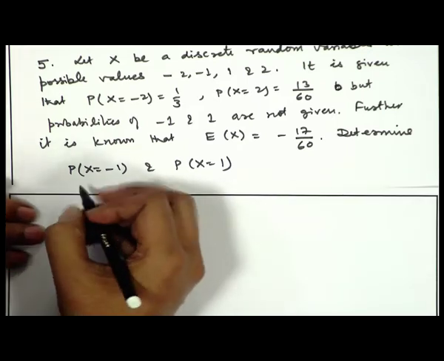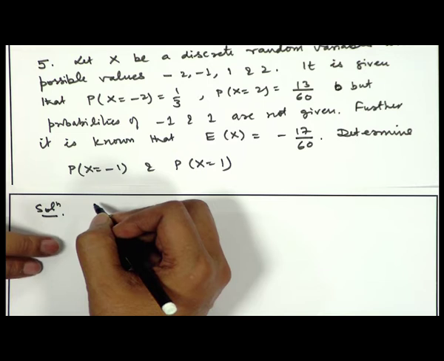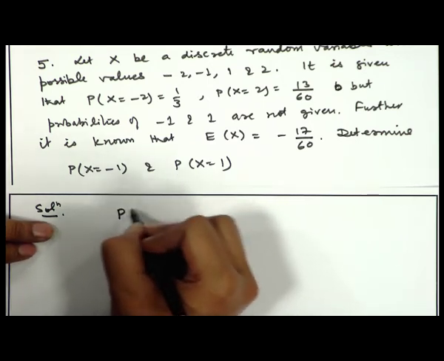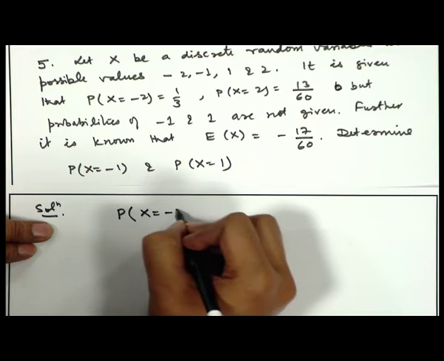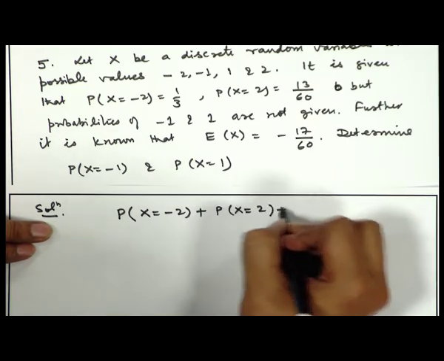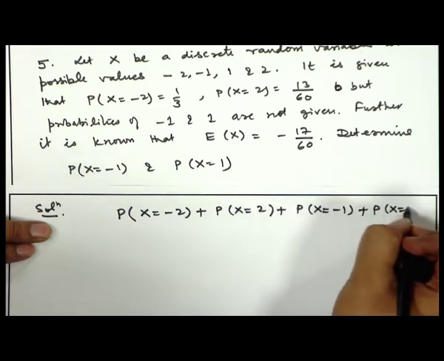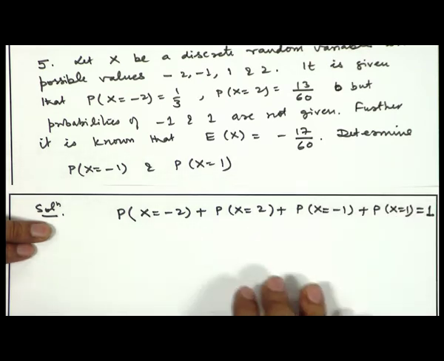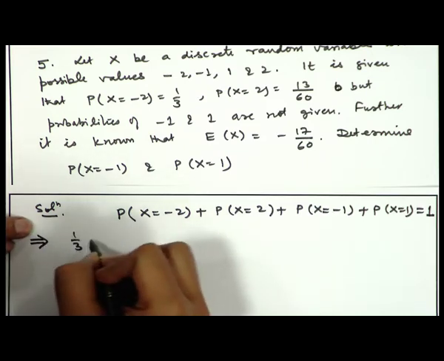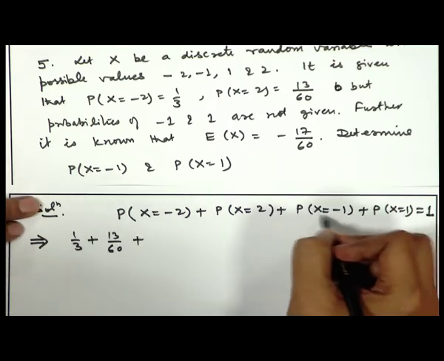So, we apply the condition that sum of all the probabilities is equal to 1. So, probability x is equal to -2 plus probability x equal to 2 plus probability x equal to -1 plus probability x equal to 1 is equal to 1. So, if we apply this condition, 1 by 3 plus 13 by 60, now these values are not given to us.